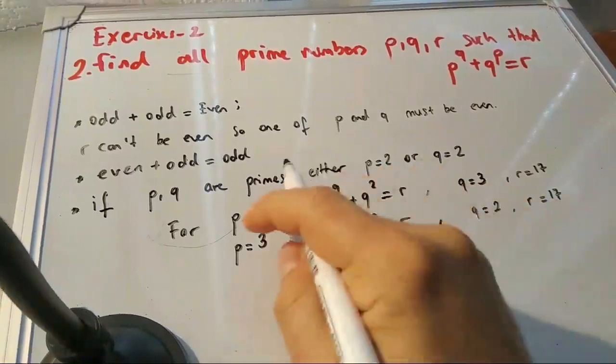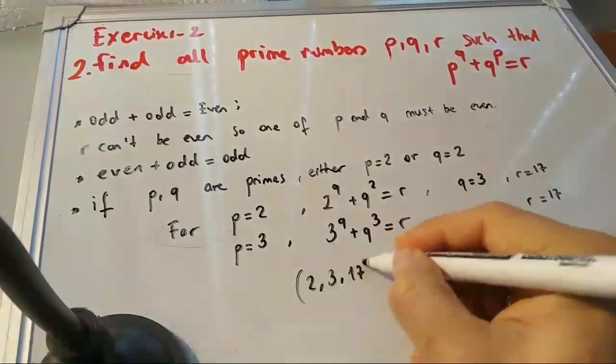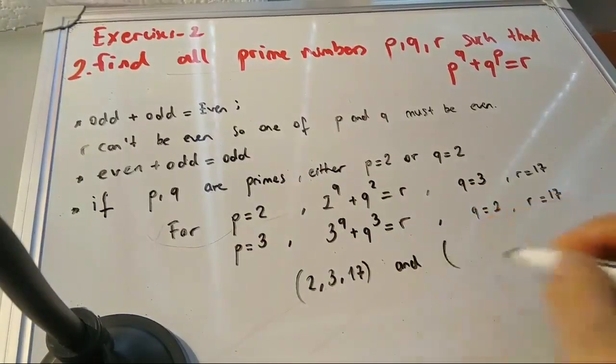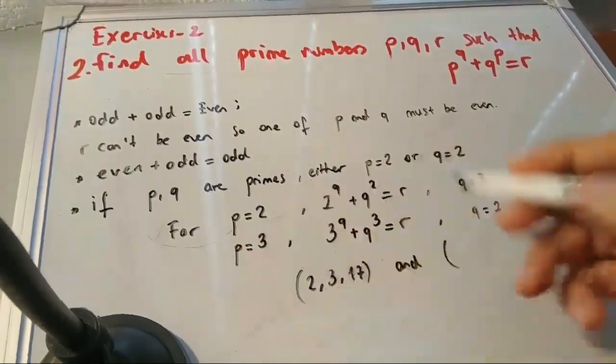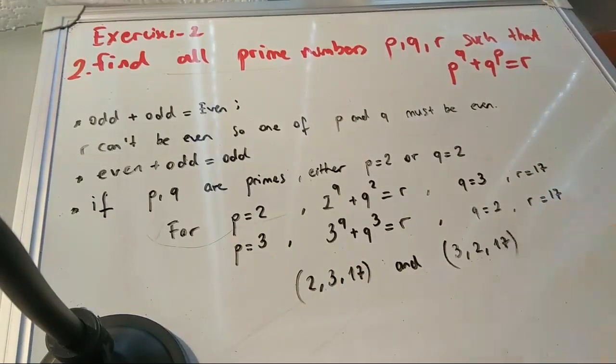P is 2, q is 3, r is 17, and p is 3, q is 2, and r again 17. Okay. Write it down, please.